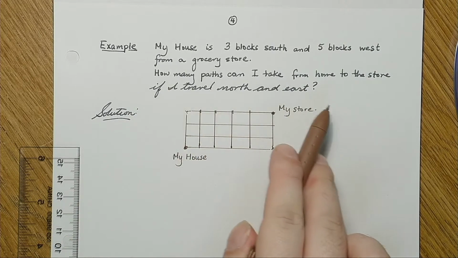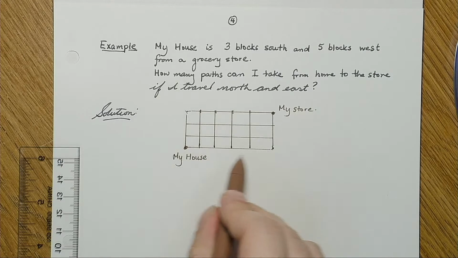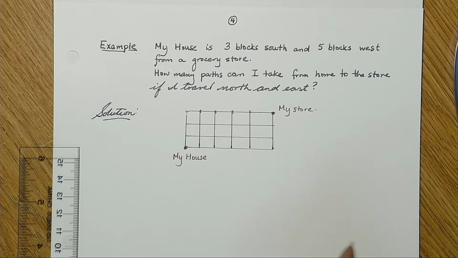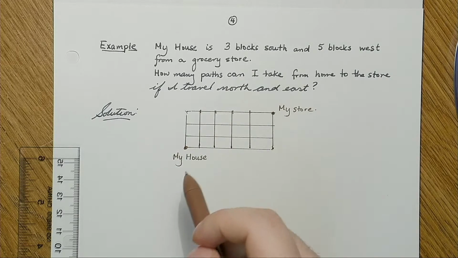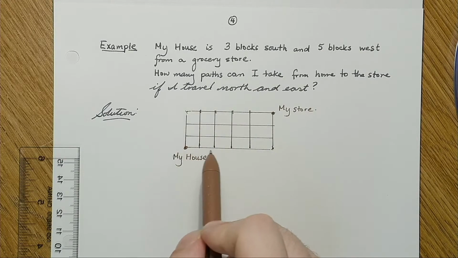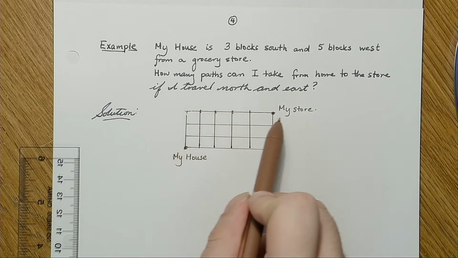How many paths can I take from home to the store if I travel north and east? Okay. So as we're constructing this diagram, we can already begin to see acceptable paths from my house to the store.